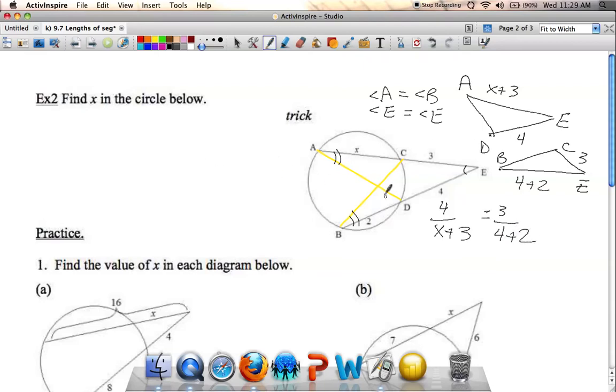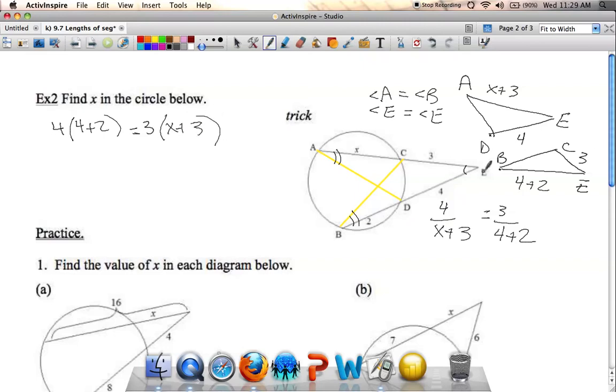So looking back at this, cross multiplying, we'll get 4 times 4 plus 2 equals 3 times x plus 3.